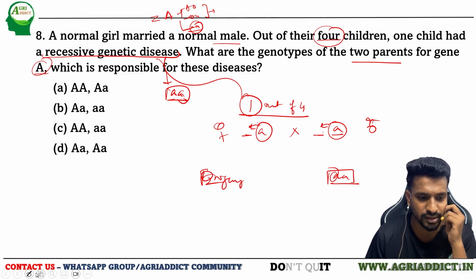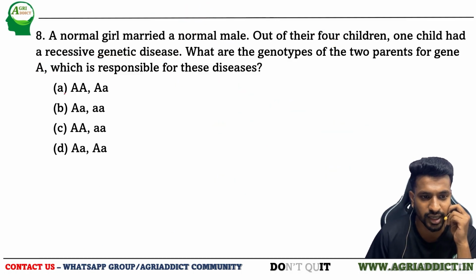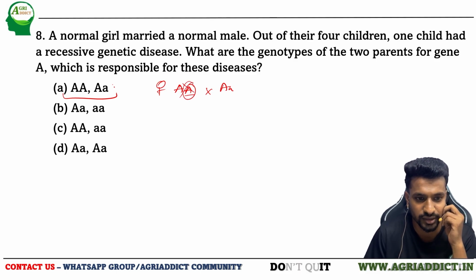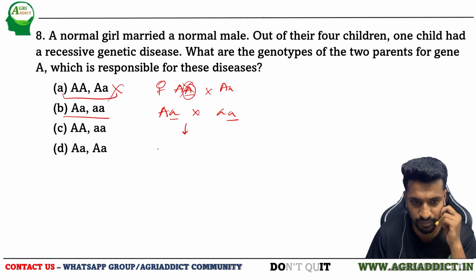So to answer this, we can simply try all the cross combinations. In the first combination, the parents are capital A, capital A and capital A, small a. As I told you, each parent should have at least one small a. In the first case, there is no small a at all in the female. So this option is wrong. In the second case, it is capital A small a and small a small a. In this case, both the parents have small a, but if we cross them, the genotypes are capital A small a and small a small a.